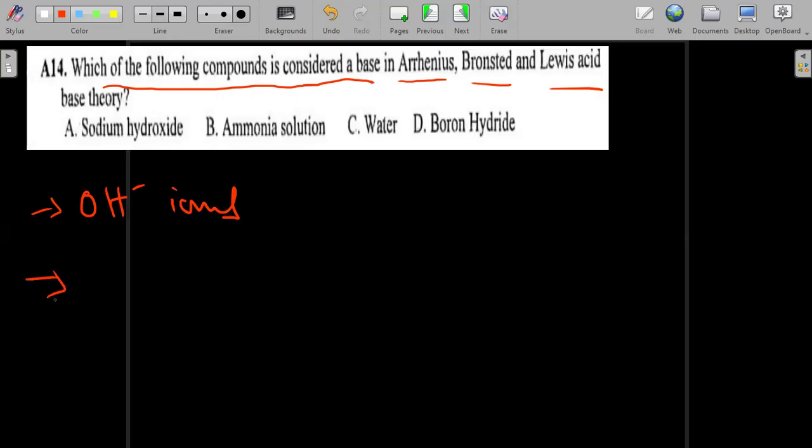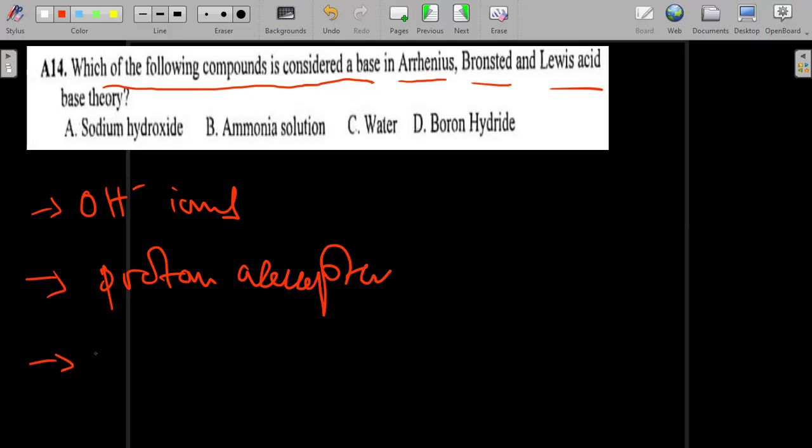According to Bronsted, a base should be a proton acceptor. And according to Lewis, a base is an electron donor.